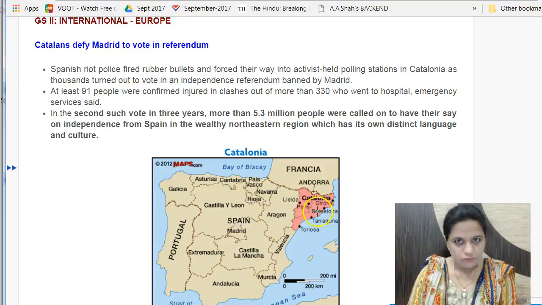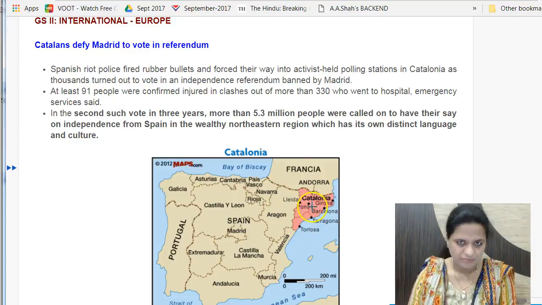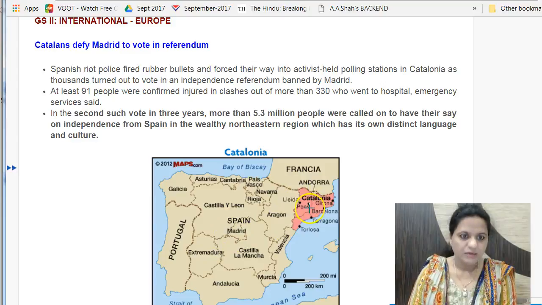This is the second such vote which has taken place, and already the Spanish Constitutional Court has called it unconstitutional because the constitution of Spain does not allow any region to become independent. But the regional government here is adamant. It went ahead with the polls, and the Spanish government from Madrid, the capital of Spain, sent their police forces here so that this voting does not take place.